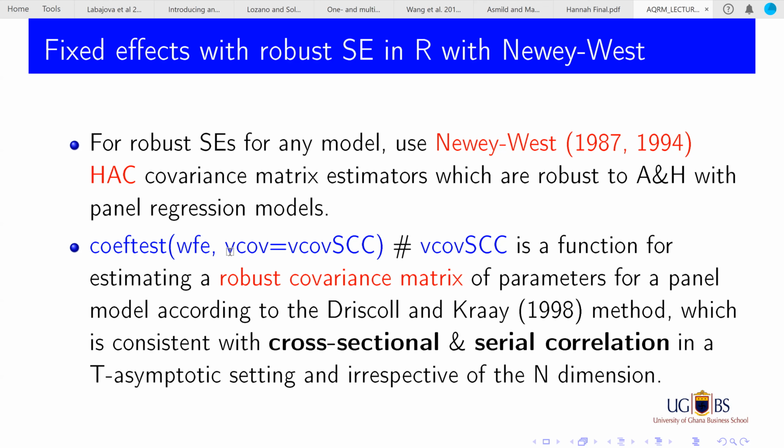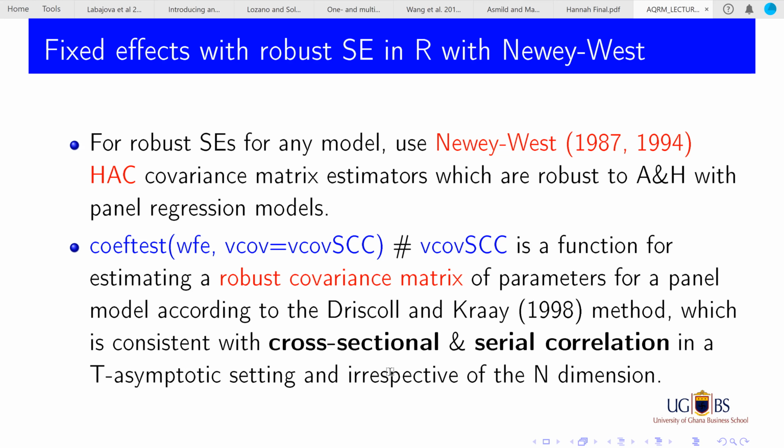The command, the vcov, gave us a HAC before. vcov is a function for estimating a robust standard error of parameters for a panel model according to a man known as Driscoll and Kraay. Okay. And this is consistent. I love this one because it's consistent not only to serial correlation, but it's also consistent with cross-sectional and serial correlation.